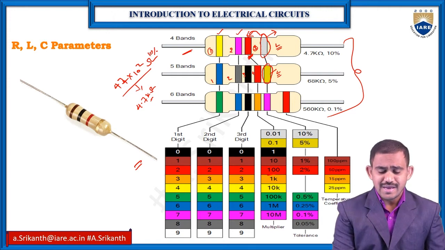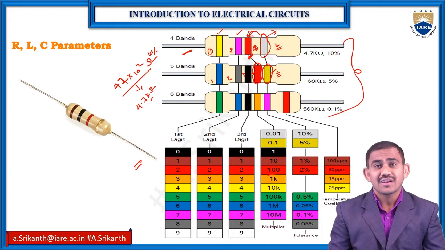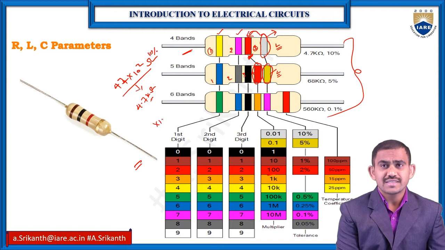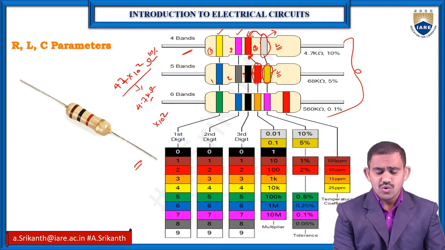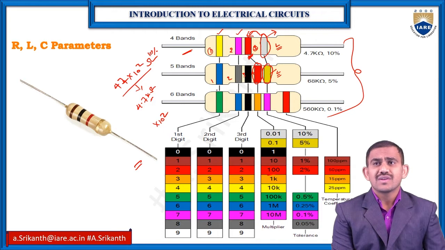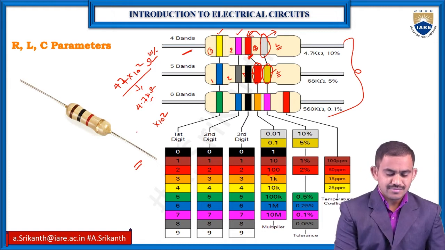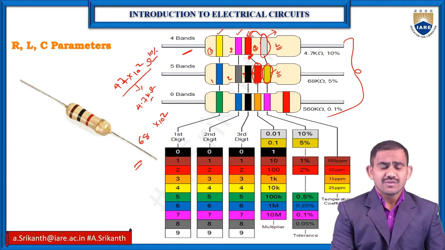Now this is my red color, so red color is my multiplier value. Red is 10 power 2, 10 square is our value. Now coming to the remaining values: blue, gray and black colors. For blue color that is 6, for gray color we have 8, and for black color we have 0.